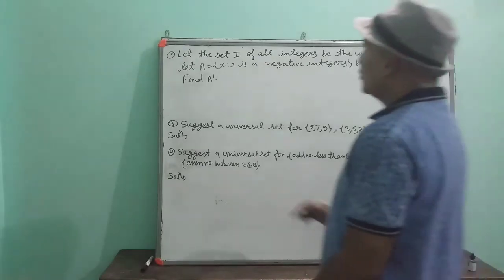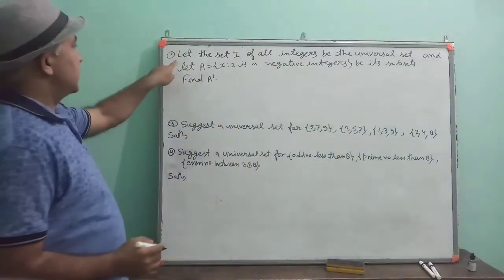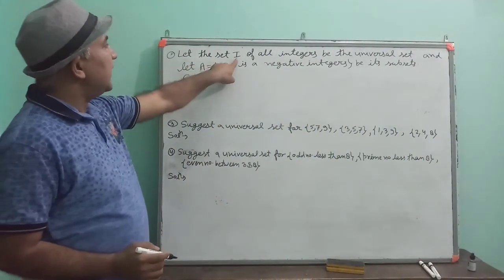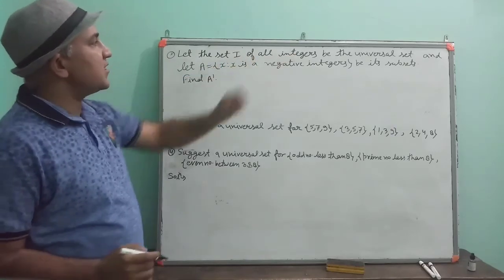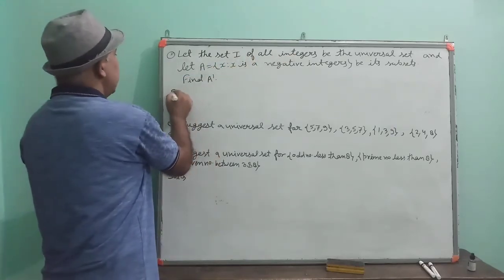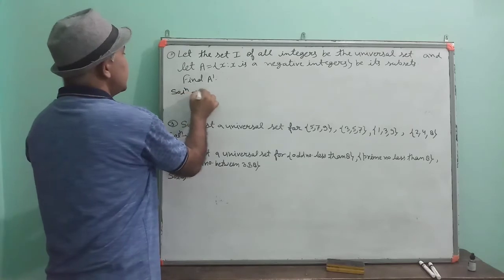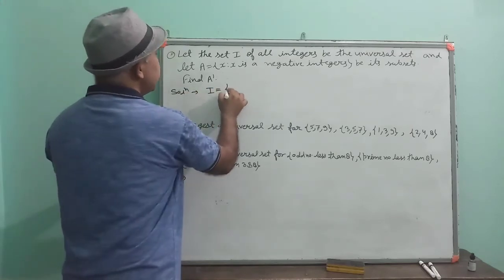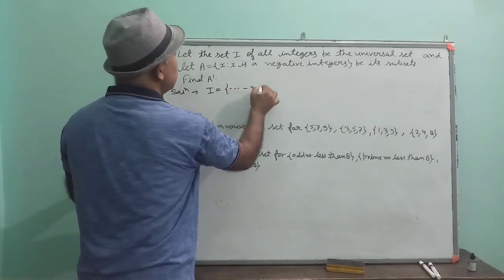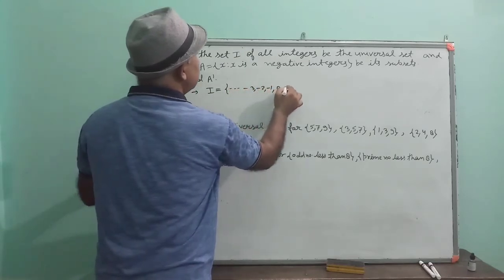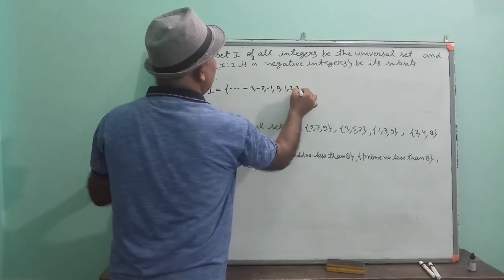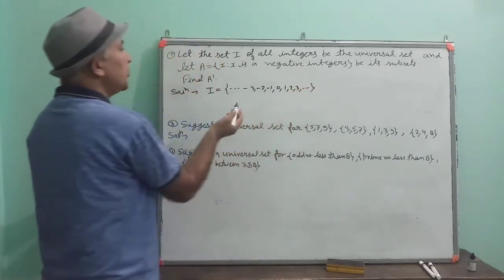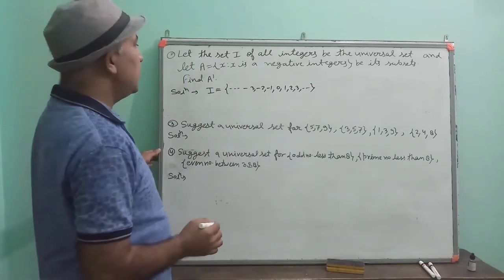Now see some more questions. See here, let the set I of all integers be the universal set. That means in the question the universal set is I, which is the set of all integers. All integers means all negative numbers, all positive numbers including 0.